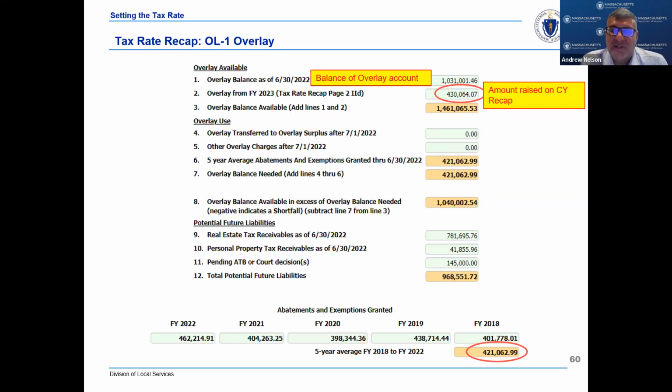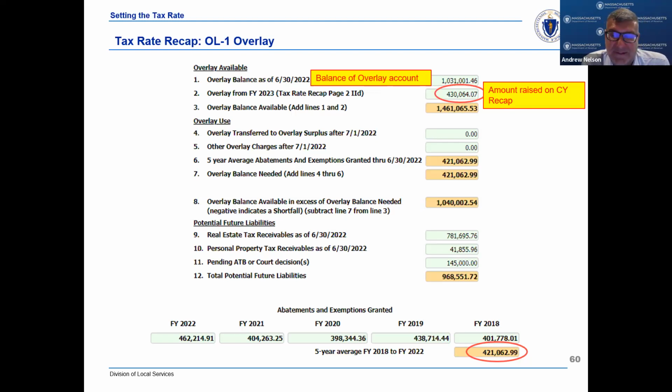To have overlay surplus, which is money you can release and then spend as an available fund, you need to have more overlay than you have potential outstanding liabilities at the time that you release it. So if we were looking at it right at this point in time, they would have outstanding liabilities of 968,000, and they have 1.4 million.